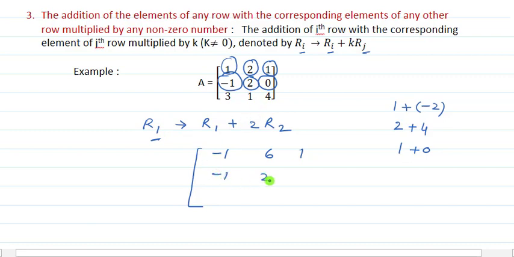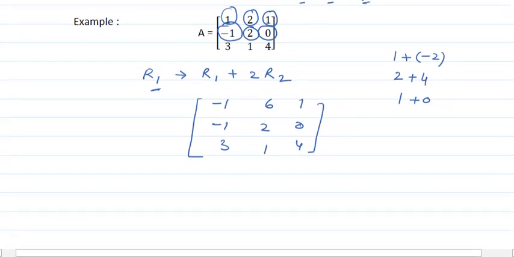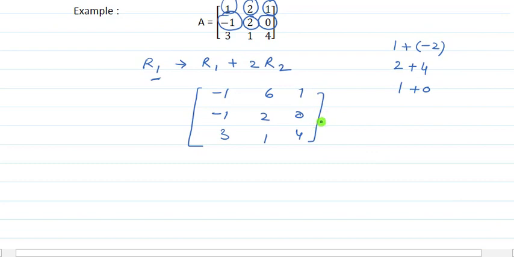Means it is minus 1, 2, 0, 3, 1, 4. So in this way we can apply this operation. Let me do it once again on this matrix. Now let me apply operation on this matrix.